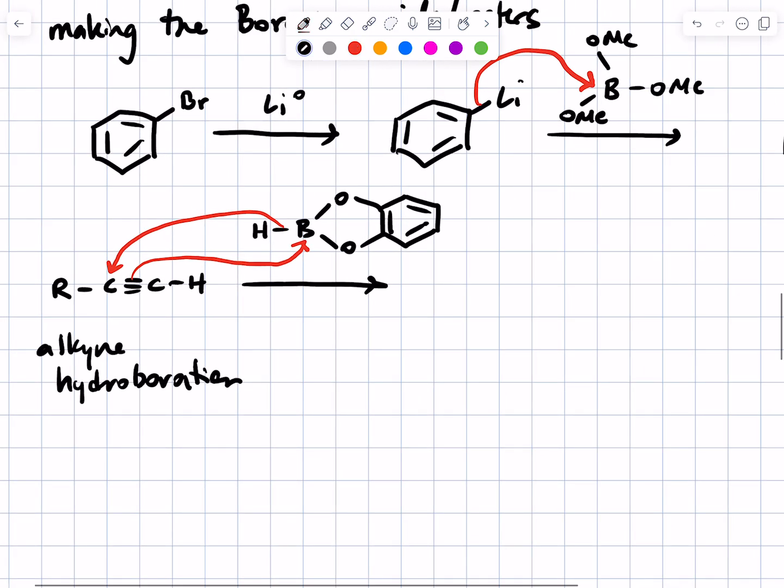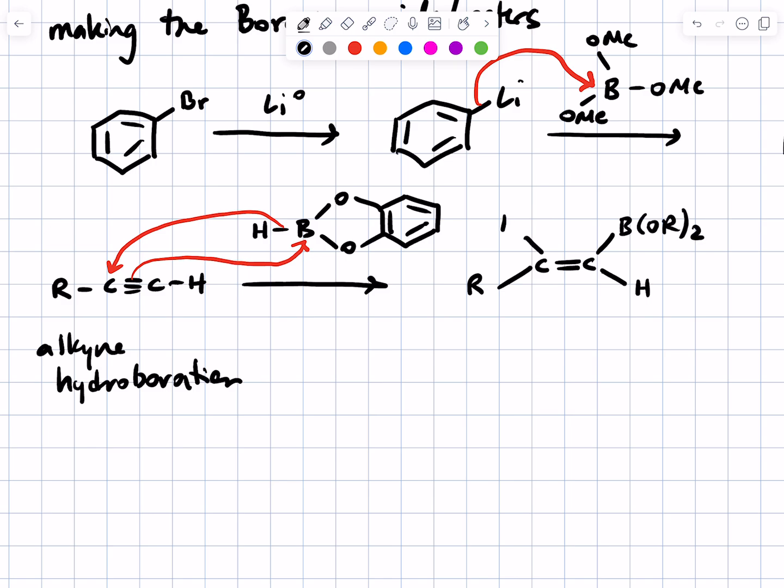You get a product where the boron reagent, which we'll just abbreviate like this, and the hydrogen get delivered to the same side of the alkyne, and the hydride gets delivered to the more substituted carbon, because in the transition state the bond between carbon and hydrogen isn't quite as formed as the bond between carbon and boron.